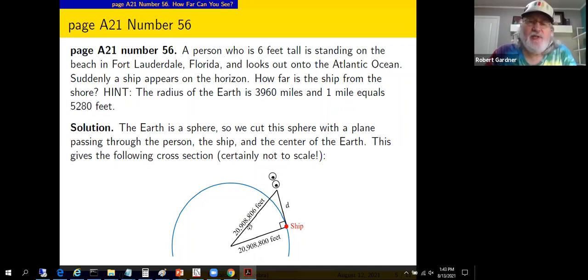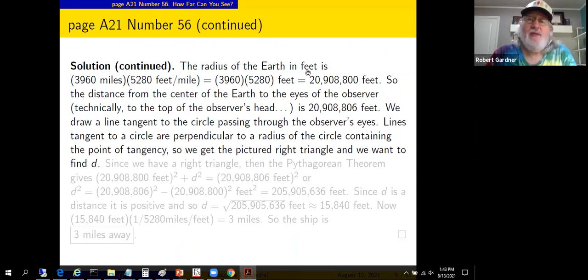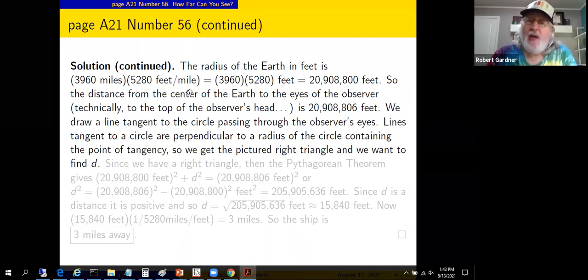We need to see where these numbers come from. This is the radius of the Earth. We were told the radius of the Earth is 3,960 miles, and that 1 mile equals 5,280 feet. So the radius of the Earth in feet is 3,960 miles times the conversion factor, 5,280 feet per mile.